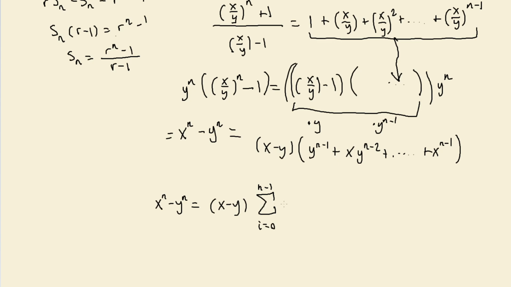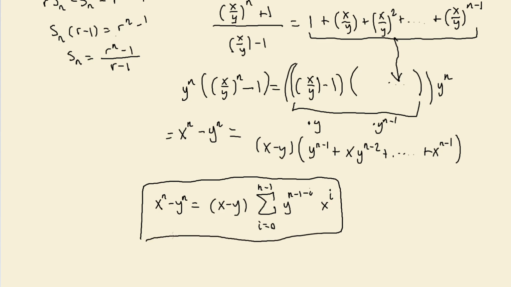And so this is just going to be y to the power of n minus 1 minus i, multiplied by x to the power of i. And so this generalizes this difference of two powers formula. And we're going to need to use this right here. And so I need to show where that came from.